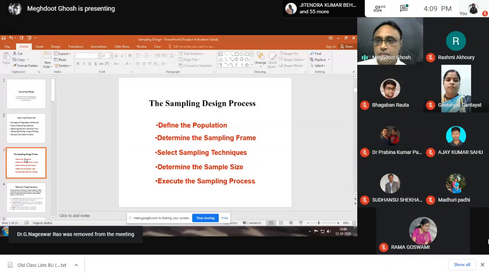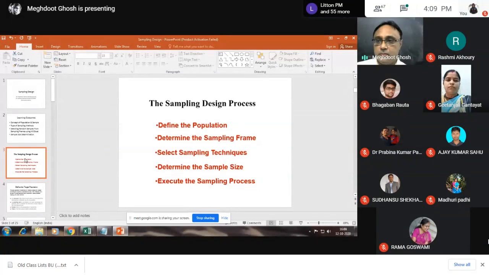The entire one. Suppose I am talking about how many smokers there are in some part of Odisha, maybe in Bhubaneswar, then all the people living in Bhubaneswar will be my population. All the people. We cannot leave out a single person. Right?